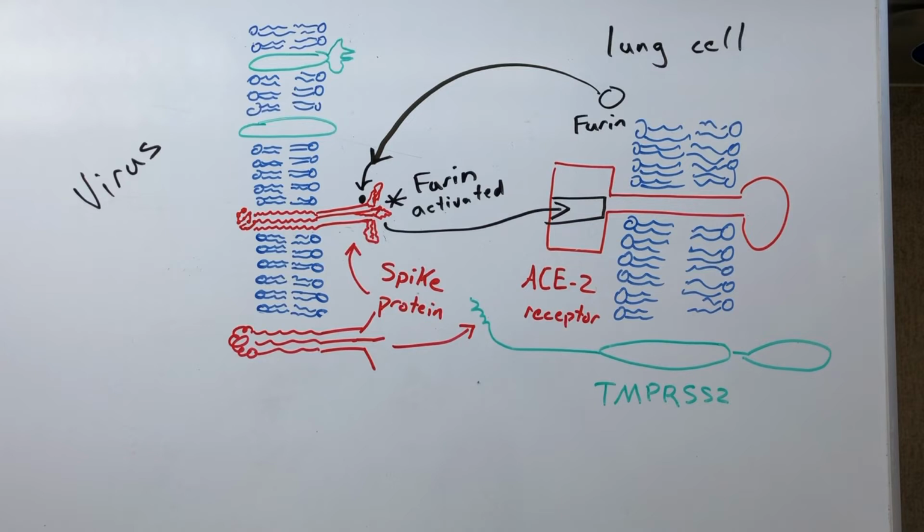The ACE2 receptor recruits the TMPRSS2 transmembrane protein, and then more and more spike proteins start reacting with more and more of these receptors, and then sooner or later you have endocytosis, and the whole virus is pulled into the cell by all of these transmembrane proteins acting in some sort of mechanical cohesion to bring in the virus.